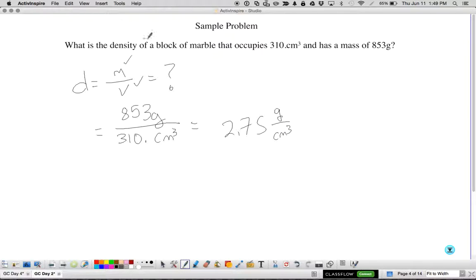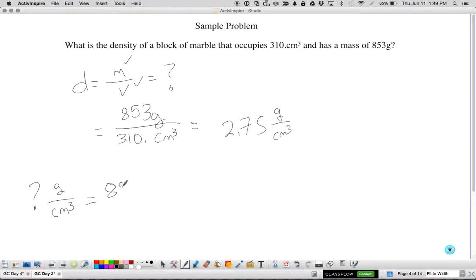Now, when treating density as a conversion factor, sometimes you might have to actually create your conversion factor. So I know that what I want is density, which given my units is going to be in grams per centimeter cubed, okay? Because those are units of density. So then I just fill in.